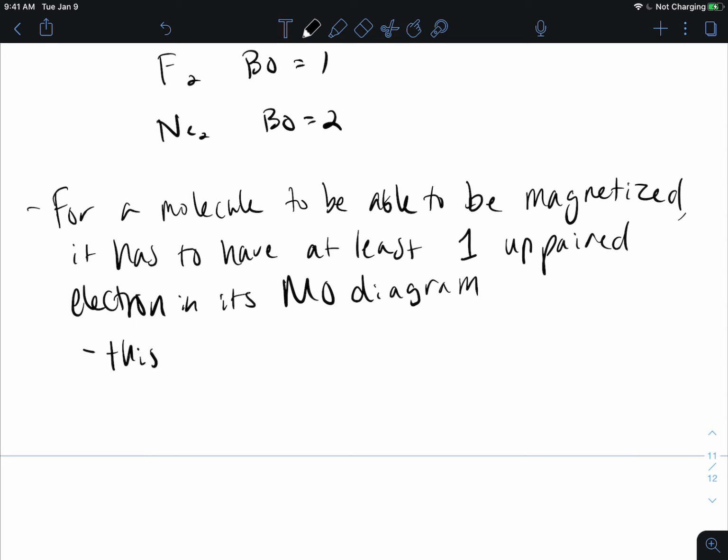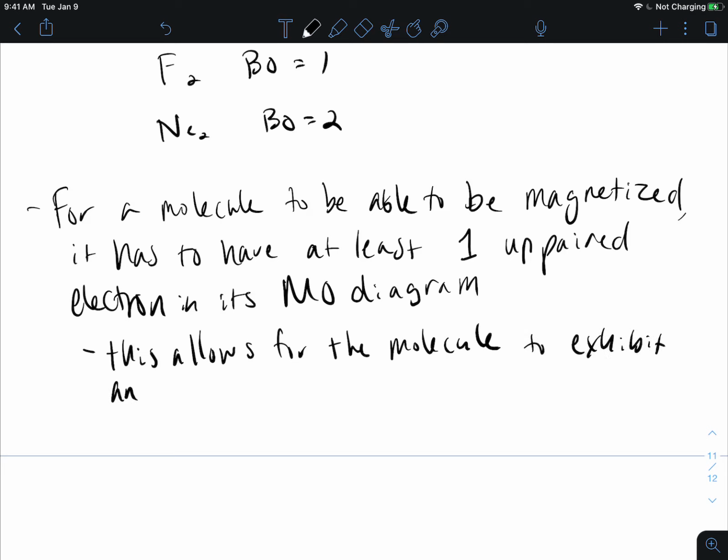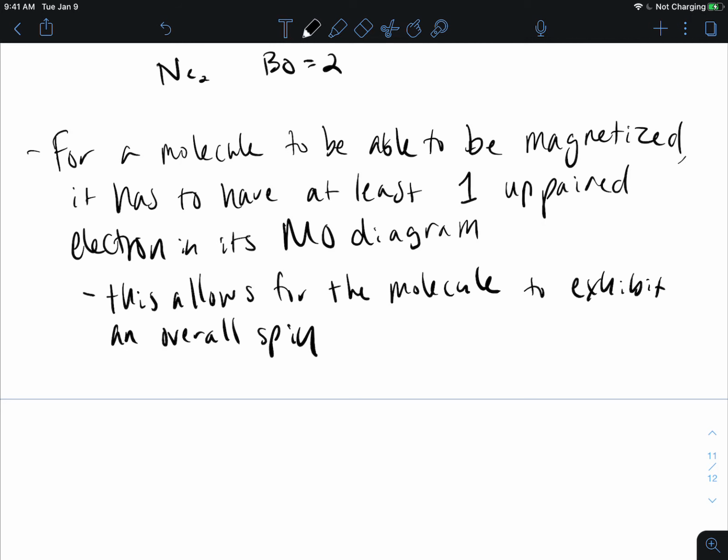So this allows for the molecule to exhibit an overall spin. We're not canceling out the spin with another electron.